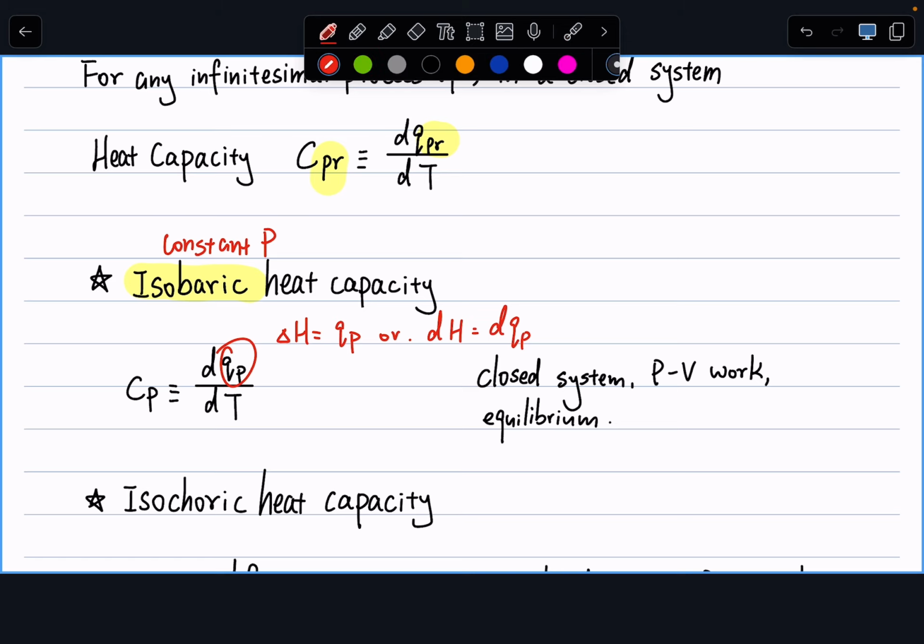Or the other way to put it, our Cp thus equals dH over dT. Or to be more precise, since we're keeping pressure constant, we write it as the partial derivative of enthalpy with respect to temperature at constant pressure.